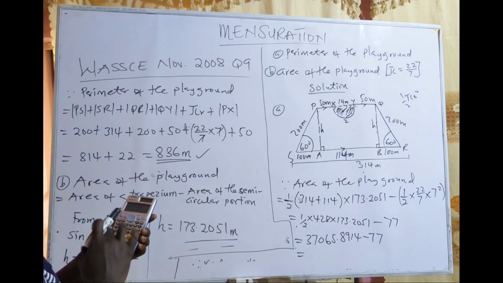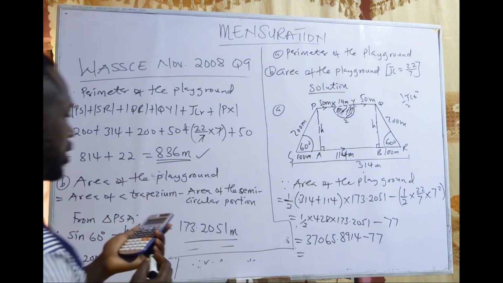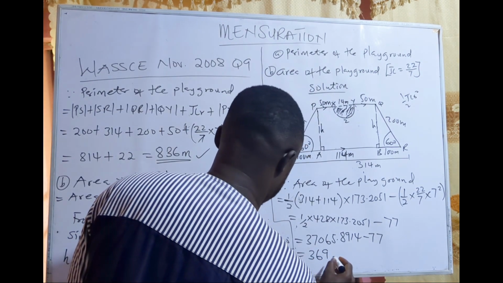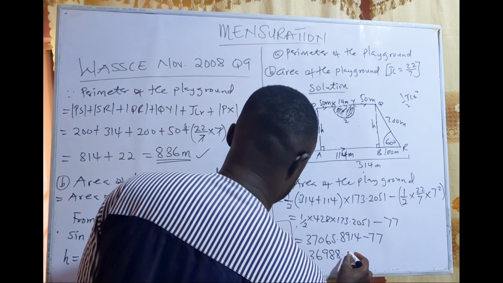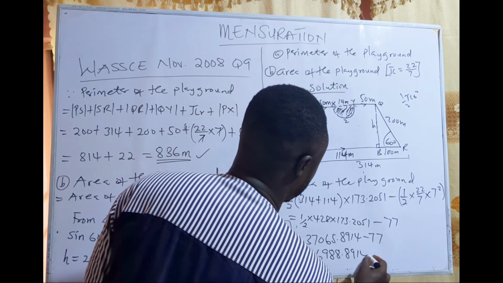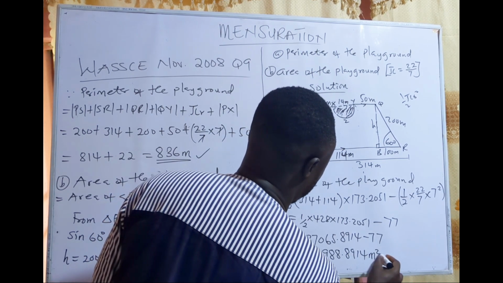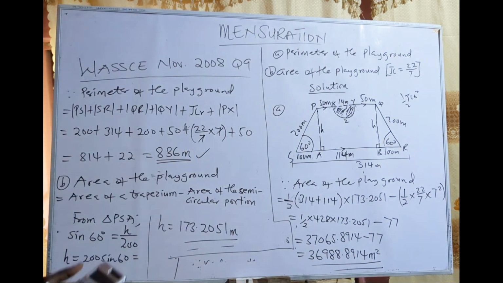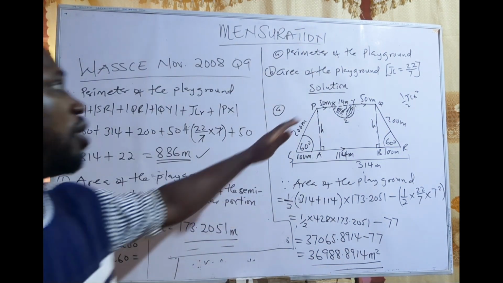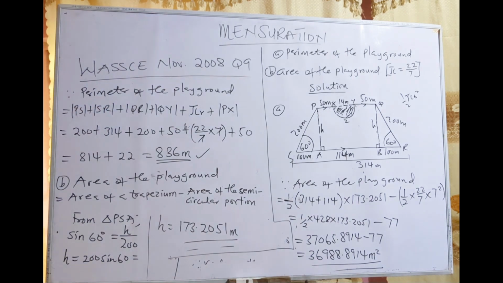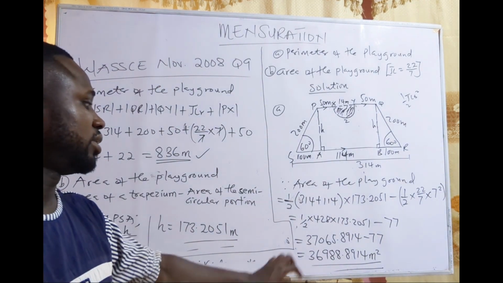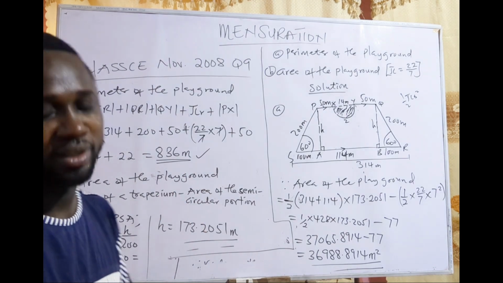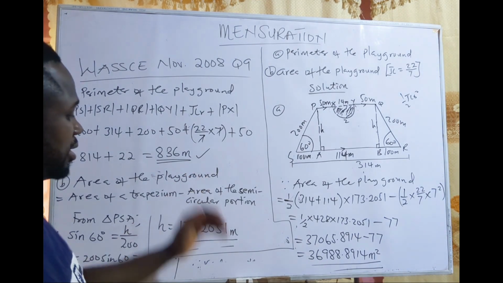That will give us 36988.8914 meters squared. Wow. So this is what we have for the area of the playground, 36988.8914 meters squared. I believe this is understood.